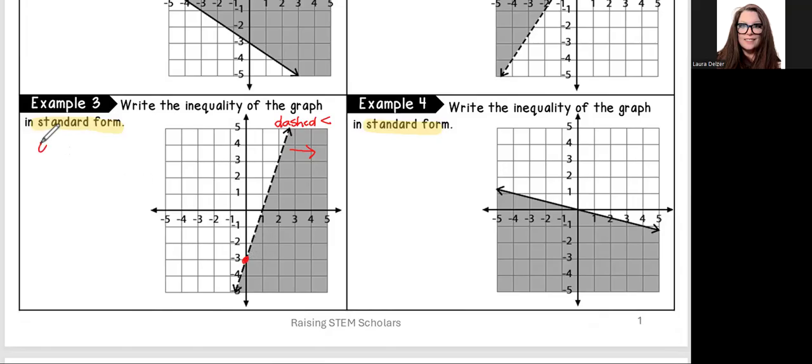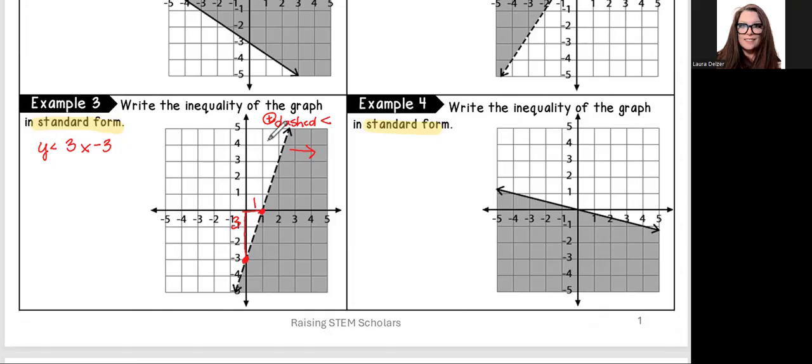So I'm going to put y less than, and then I'm going to put my -3. I've got to get my slope real fast. And so my slope, let's see, it's going to cross here. So it's going up 3 and over 1. This is a +3. It's going up here to the right. So I know I don't need a negative on my slope.